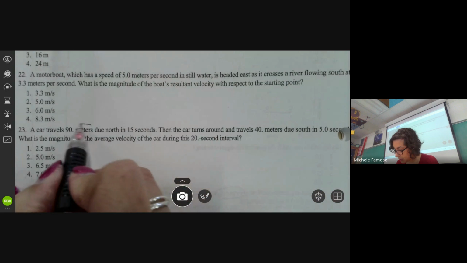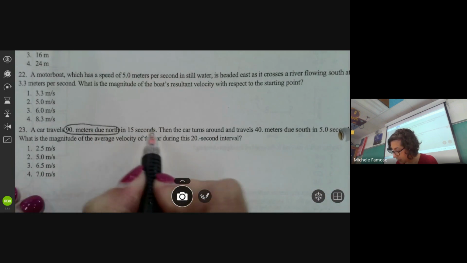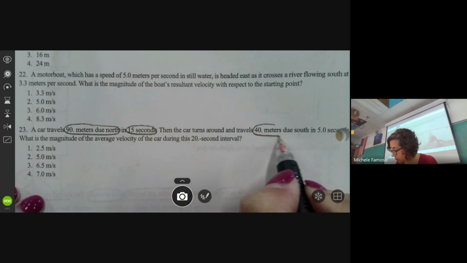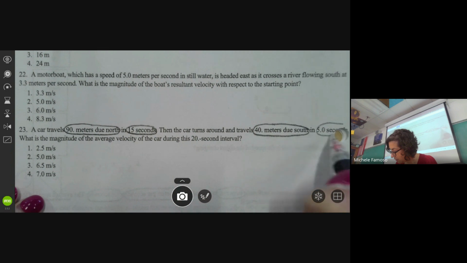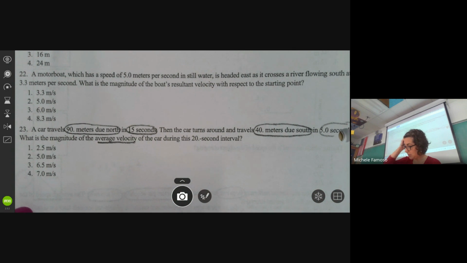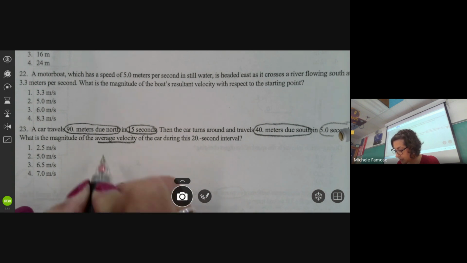23, yes. So we have a car that goes 90 meters north in 15 seconds. They then turn around and go 40 meters south in 5.0 seconds. What's the average velocity in that 20 seconds? Okay. So the first thing I have to do is recognize that I want this average velocity, that based on the values, I'm going to need the displacement and the time.